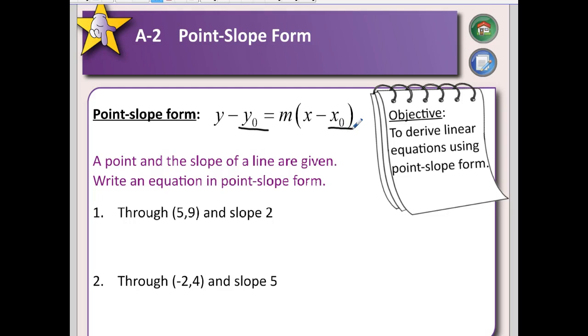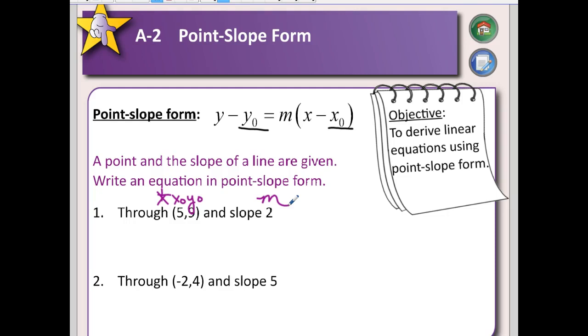We need to take the point that they give me right here, and this is going to be x prime, y prime. The idea there is that's in the ordered pair, my x position, my y position, and then the slope of 2, we're going to plug that in for m. So basically all we're doing is plugging the numbers back in where they go.